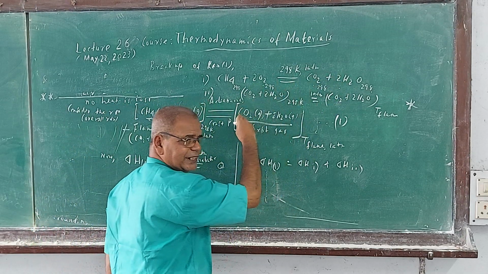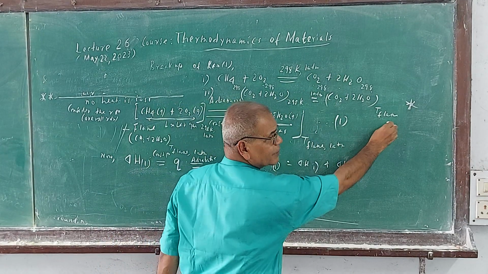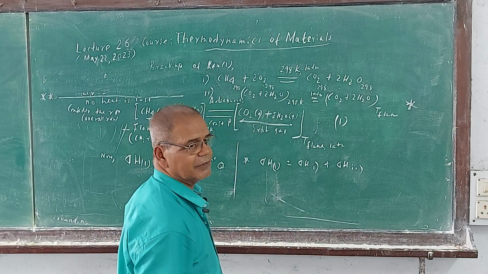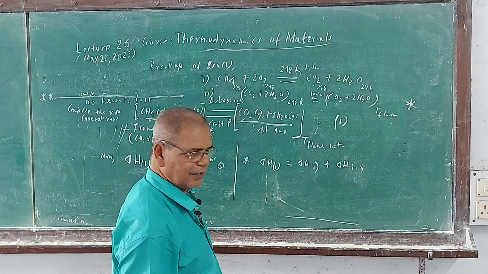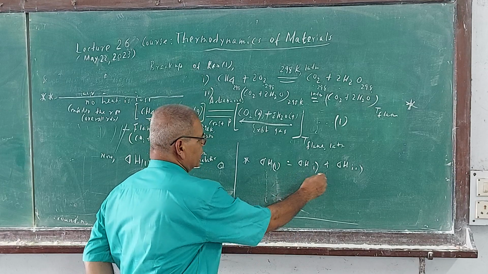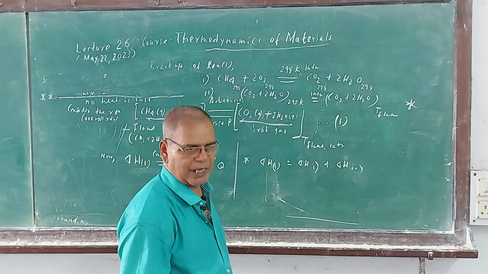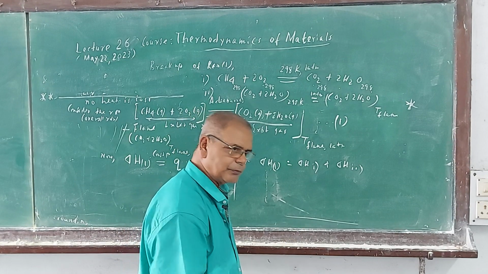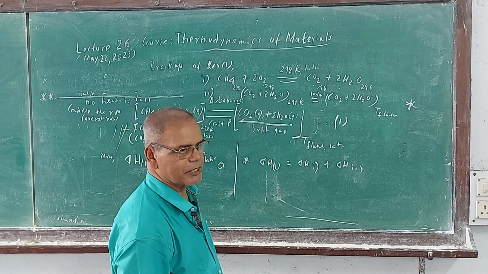This final is the initial here. 298, 298 cancel, and what does it leave? The right hand side is T flame at 1 atmosphere. So that is the breaking up. So we add these two and get back to the overall, which actually represents the process. Okay, the adiabatic flame temperature process.